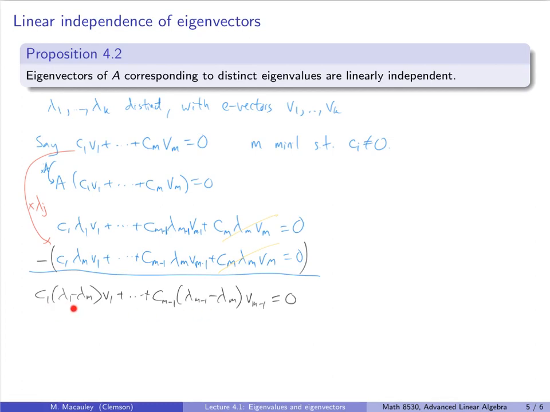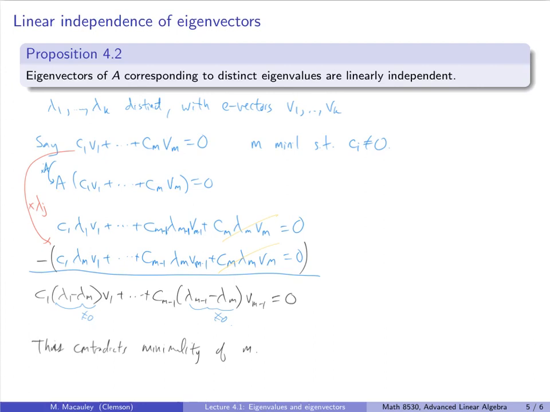And notice that all of these coefficients are non-zero because the ci's are non-zero, and the eigenvalues being distinct means that all of these differences are going to be non-zero as well. So we conclude this contradicts the minimality of m.